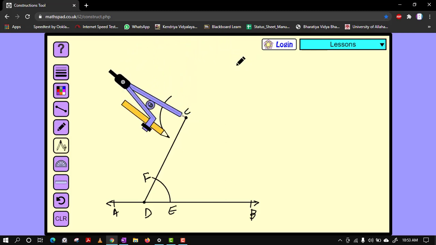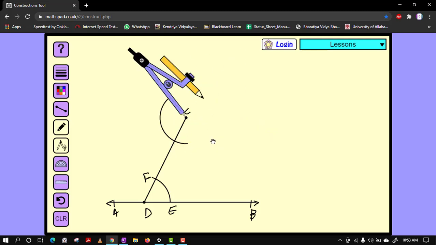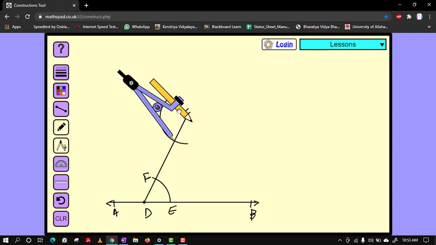So it's like this. Now we are almost near to the alternate interior angles; we are about to make them equal. For that, after making this arc, we need to measure the angle.